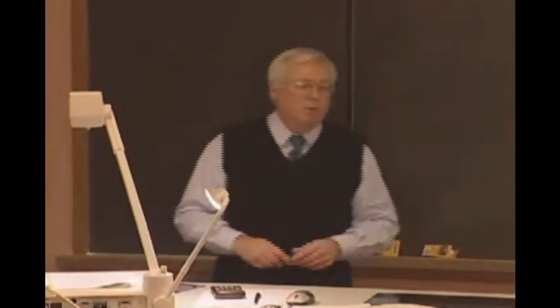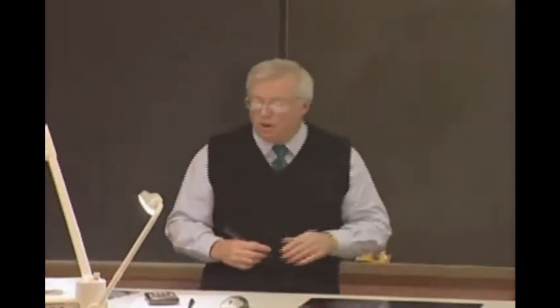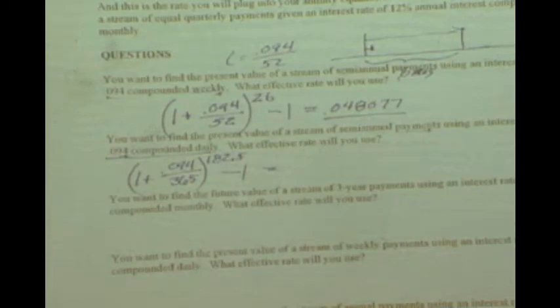And while these are going to be dealing with real little numbers and real large exponents, I'm still going to come out with a rate that's a little bit more than 0.047. Is it going to be higher than this rate right here? Should be. Compounding daily is a little more than compounding weekly.